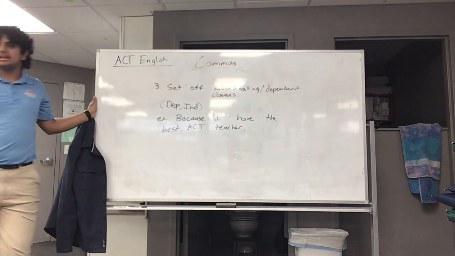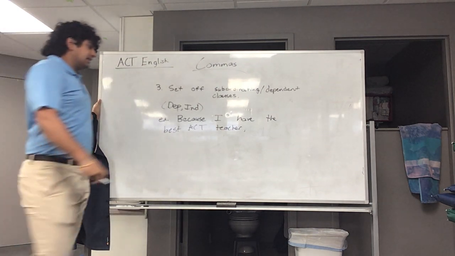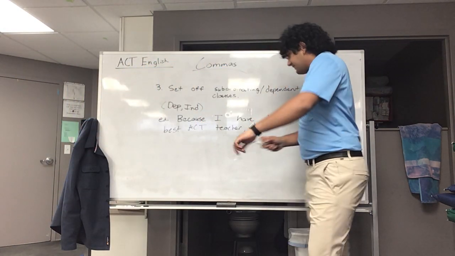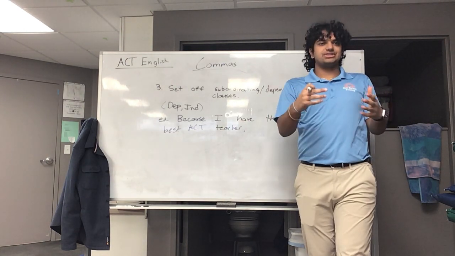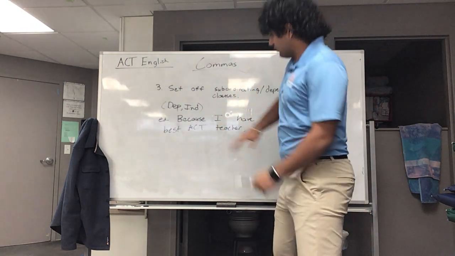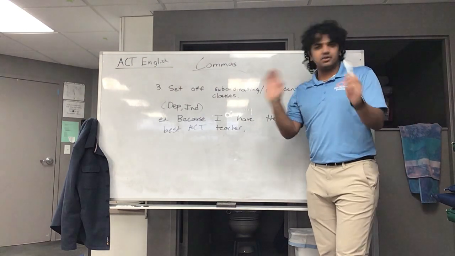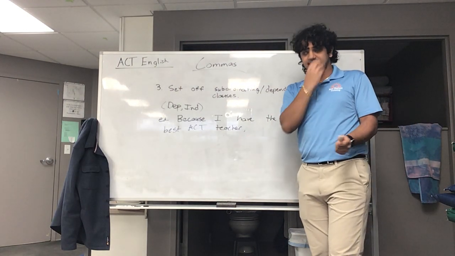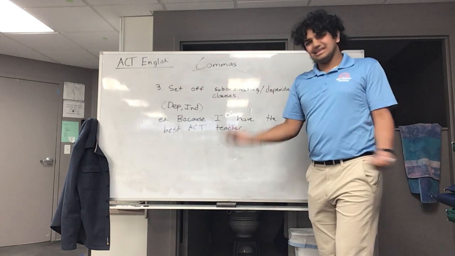Okay, that in itself cannot stand alone as a sentence. Because if you say, because I have the best ACT teacher, there's like a tension that tells you, hey, you're supposed to go on here. You can't just end it right there. If I were to remove the word because, and I just said, I have the best ACT teacher, perfectly fine. That makes sense as a sentence by itself. But because it says the word because, it's dependent.